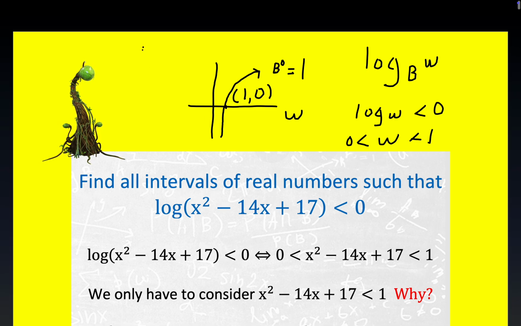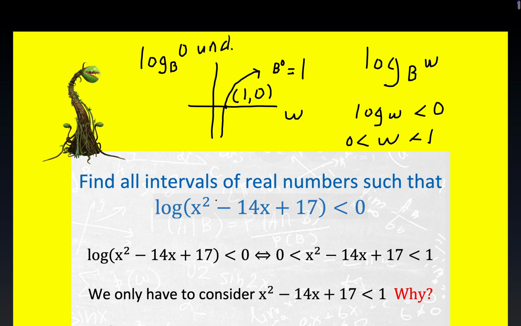Notice that log base b of 0 is undefined. It's undefined for the very same reason that the exponential function is always above the w-axis. So you see log base b of 0 is an undefined condition.